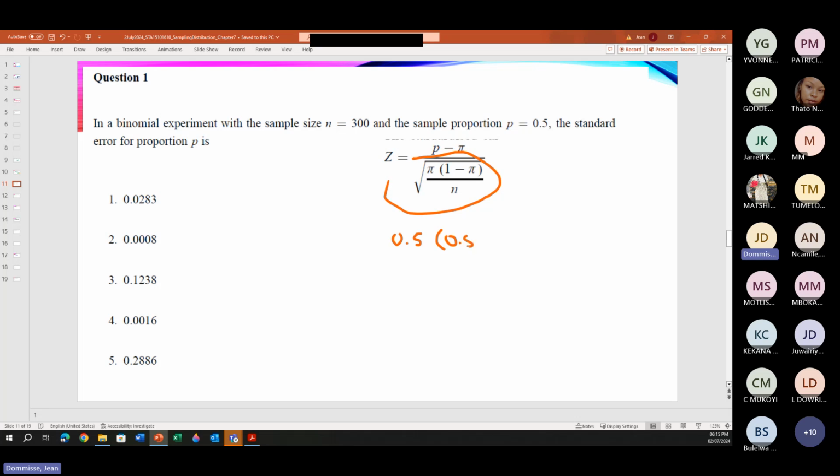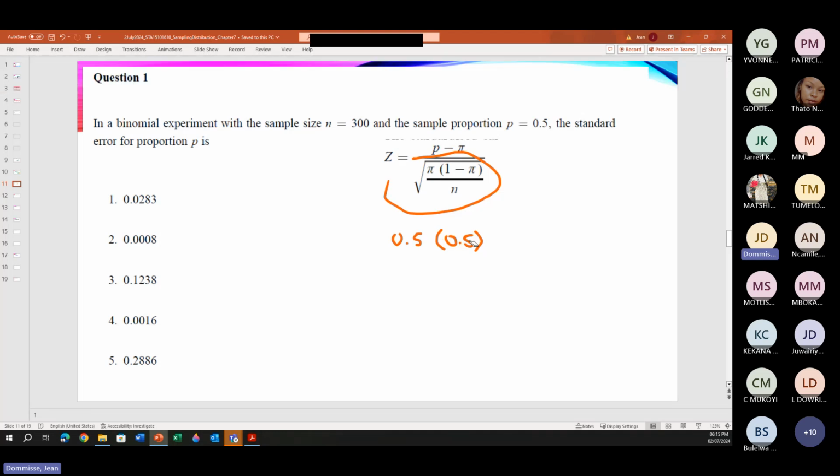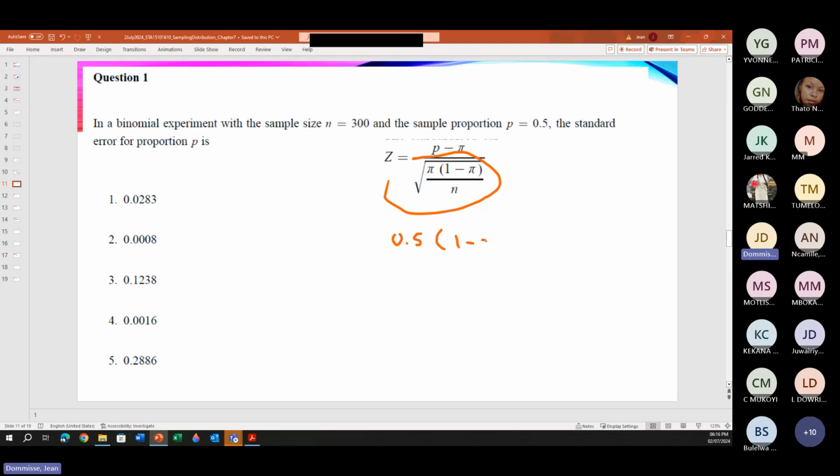And I automatically just set 1 minus 0.5, but I will give you 0.5, but to just put it again in the terms of the formula, it is 1 minus the 0.5.